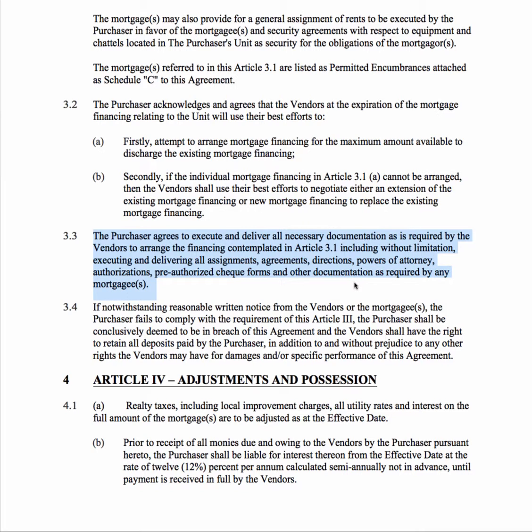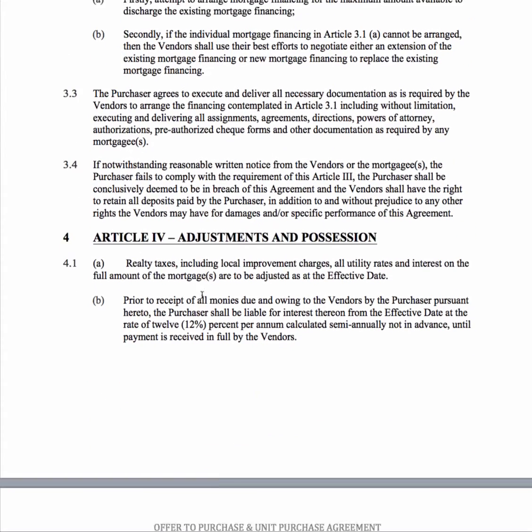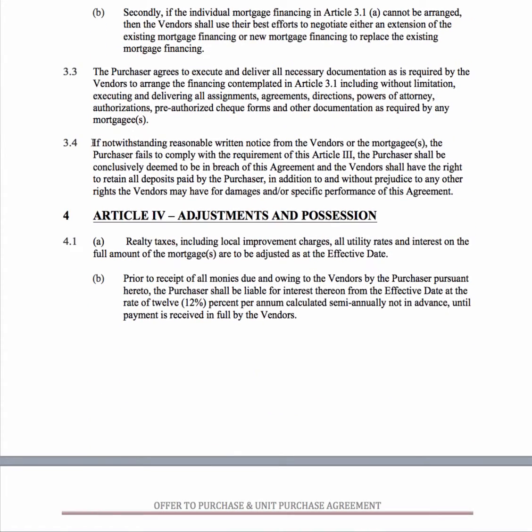So basically a mortgage application, proof of income, whatever the bank needs, you agree that you will supply it to us and therefore will supply it to the bank. If you fail to supply us the information, basically what it means is that you're saying we're not buying the property.